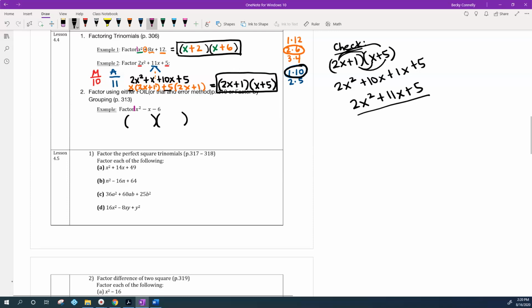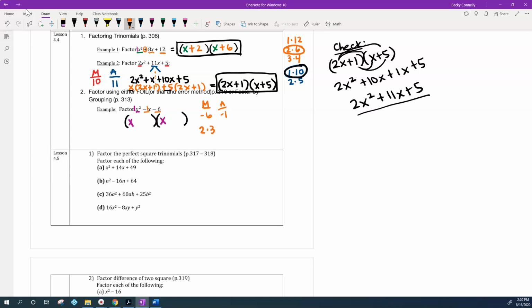And then I'll ask myself, what times what is x squared? That's x and x. What multiplies to be negative 6 that adds to be negative 1? Well, I could do 6 times 1, and I could do 2 times 3.